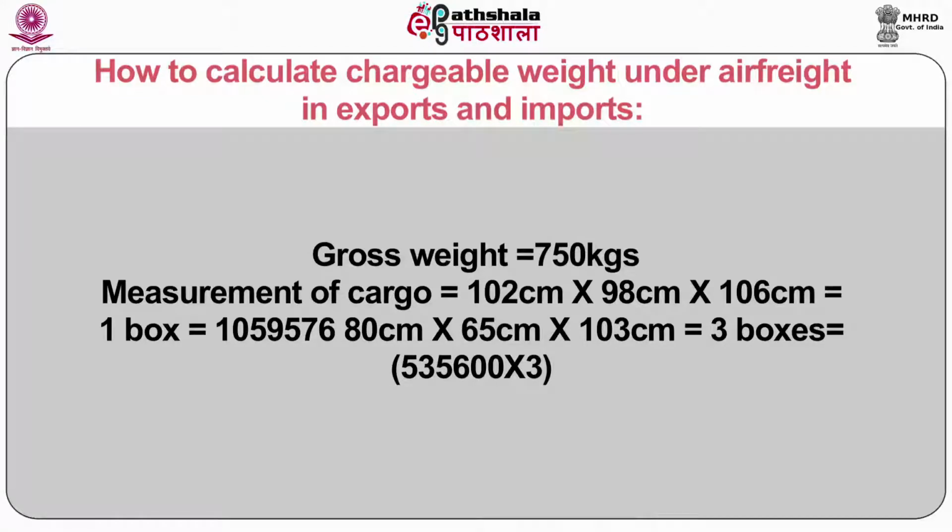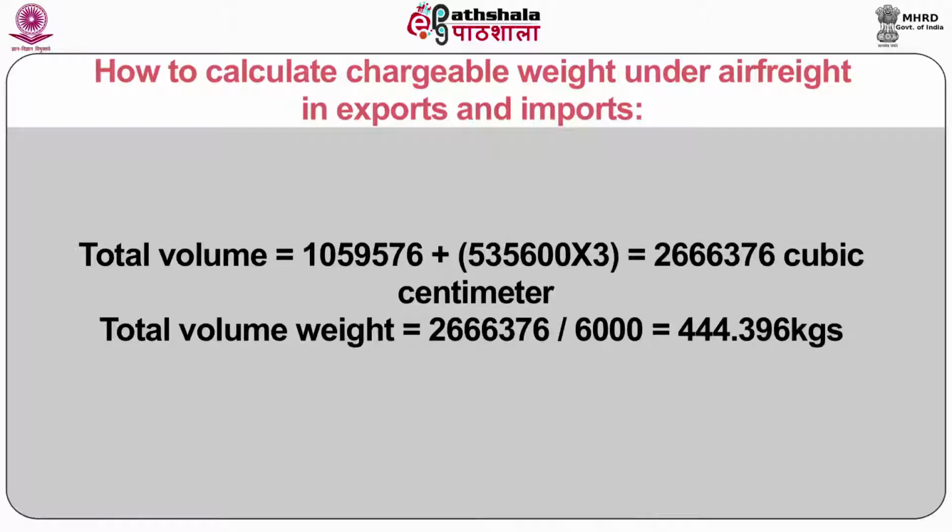Measurement of cargo equals 102 centimeters into 98 centimeters into 106 centimeters, equal to 1 box, equal to 1059576 cubic centimeters. 80 centimeters into 65 centimeters into 103 centimeters, equal to 3 boxes, equal to 535600 into 3 cubic centimeters.